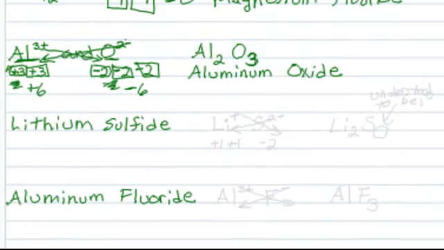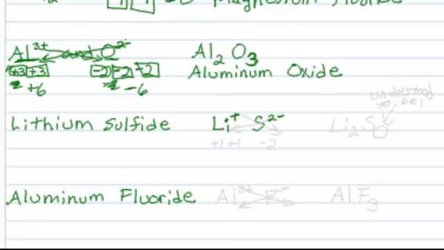Now the next 3 give you the name and you have to figure out the formula. So for lithium sulfide, lithium, its symbol is Li, and you go to your periodic table and its charge is +1, so it gets a plus. Sulfide, that's sulfur, and that gets a charge of -2.